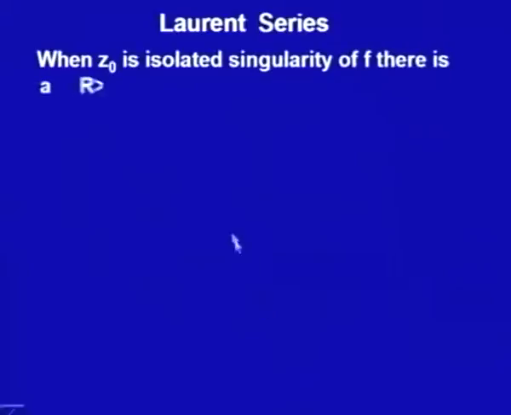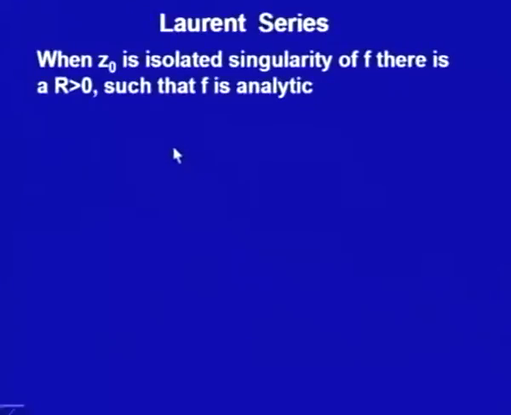If it is an isolated singularity, then as I said we can relate it with the Laurent series. We do know that when z naught is an isolated singularity of f, there is always an r which is positive such that f is analytic in that region. Isolated singularity simply means that I could find a neighborhood of z naught in which f is analytic throughout that neighborhood except at the point z naught.